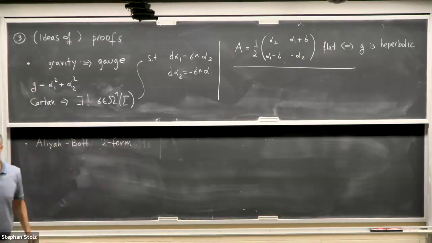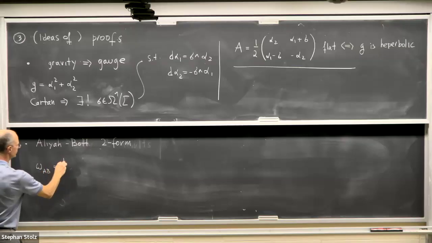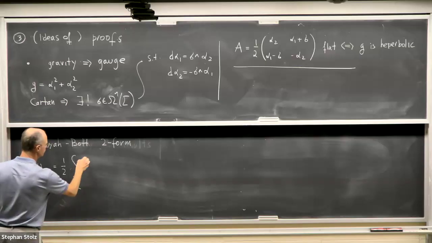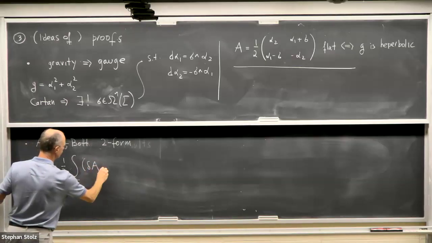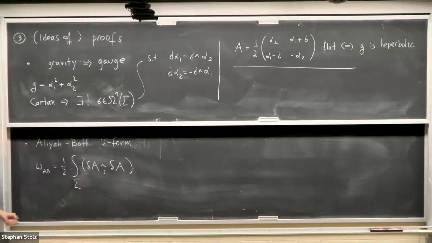This is called the Jackiw-Teitelboim 2-form. And the Jackiw-Teitelboim 2-form is using the scalar product on SL2R. So you write a 2-form on the space of connections, or if you wish on the space of flat connections, that depends a little bit on your taste.